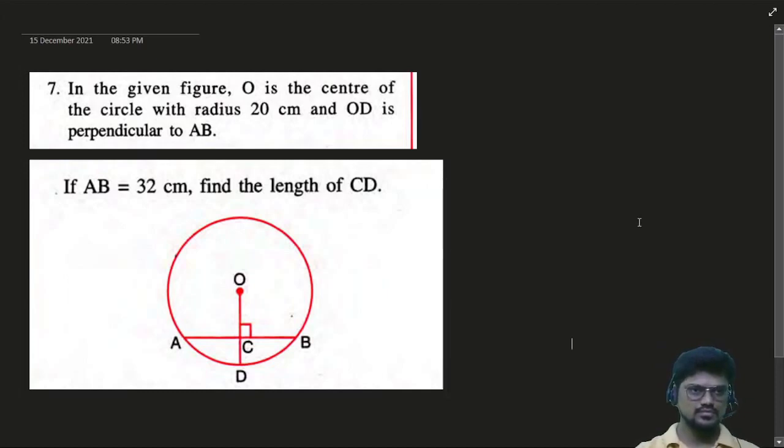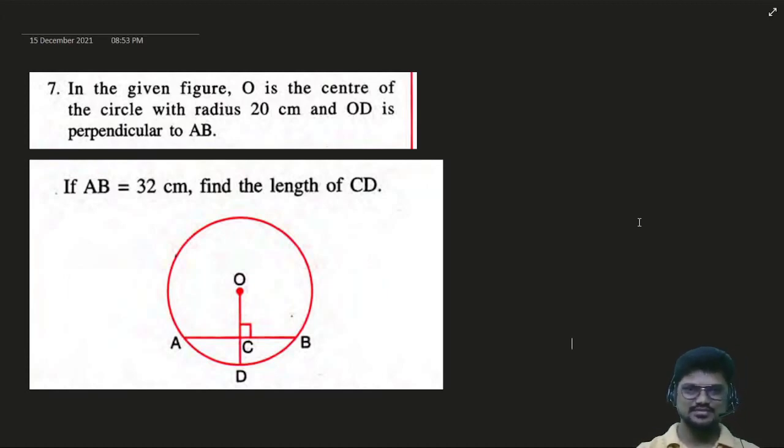For finding CD, in the triangle DCB, we'll find DB first. But how will we find DB, sir? Only CB we know. Wait, sir, I am writing you the answer.